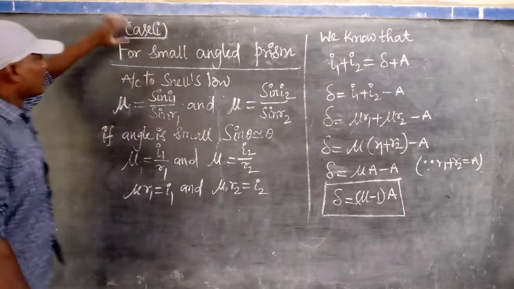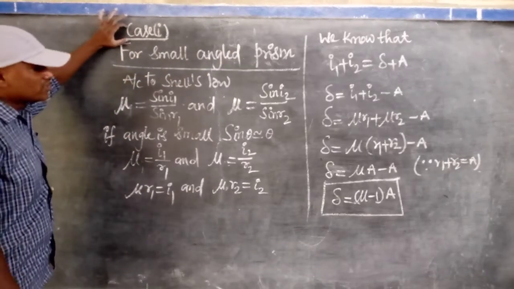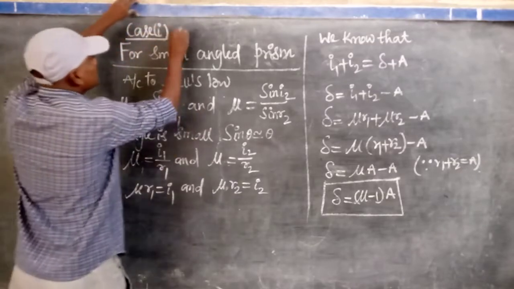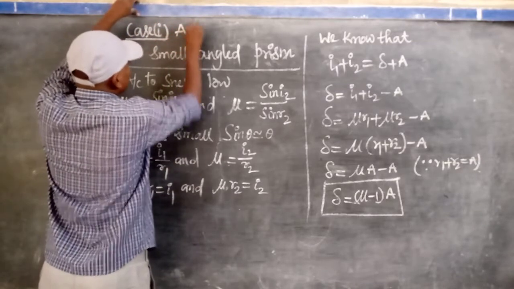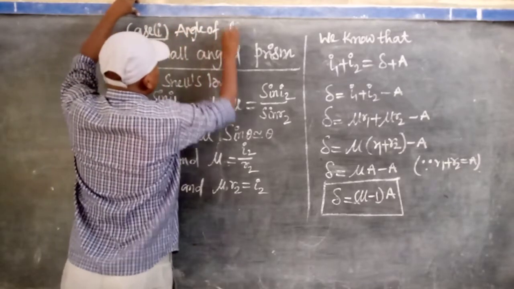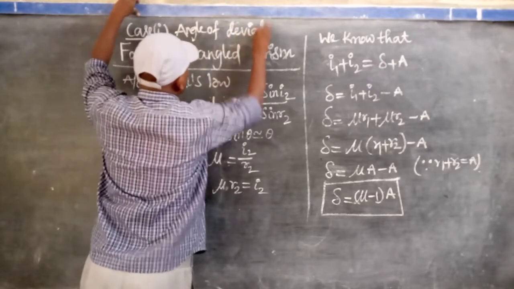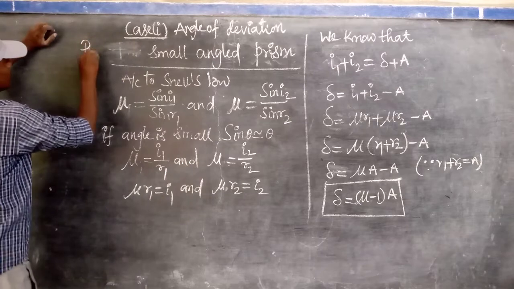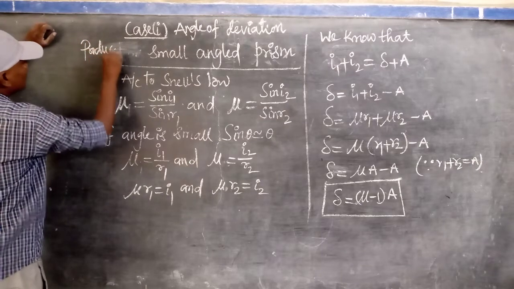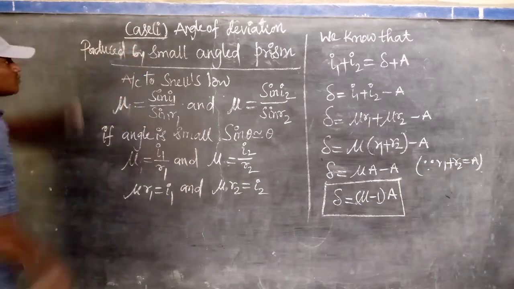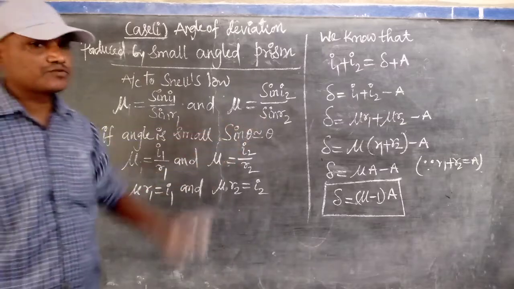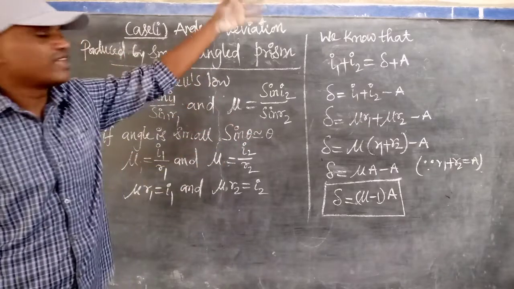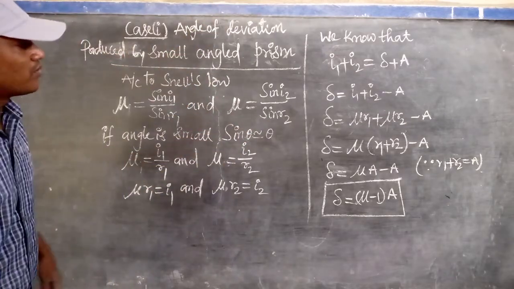Listen very carefully. What is case one? Angle of deviation produced by a small angled prism. This is one. So how we can do it with the help of the previous derivation concept only.